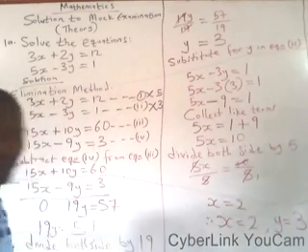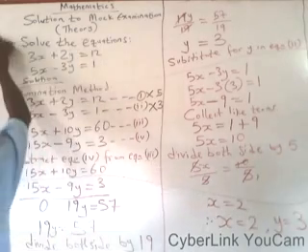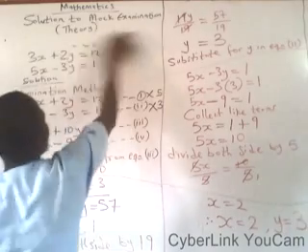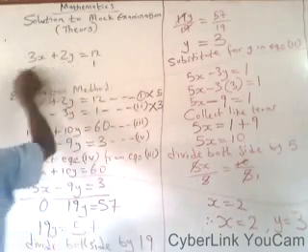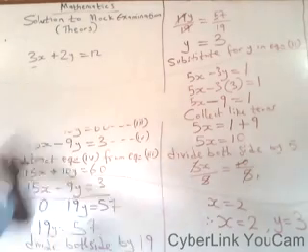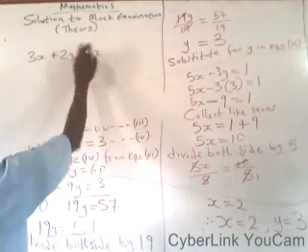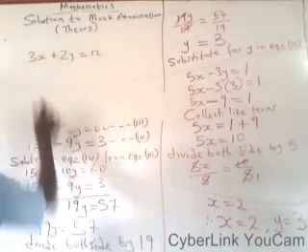Now let me cross-check this one for you. The first equation that we have is 2x plus y is equal to 12.